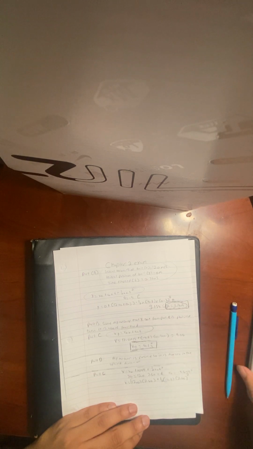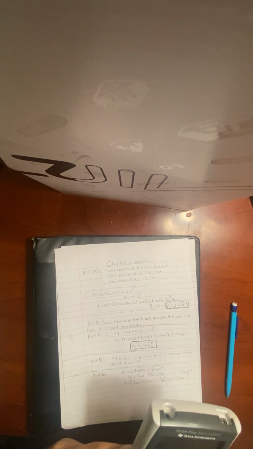And then I'm just going to solve this on my calculator. So 12.0 times 2.60 plus 1/2 times negative 9.8 times 2.60 squared.